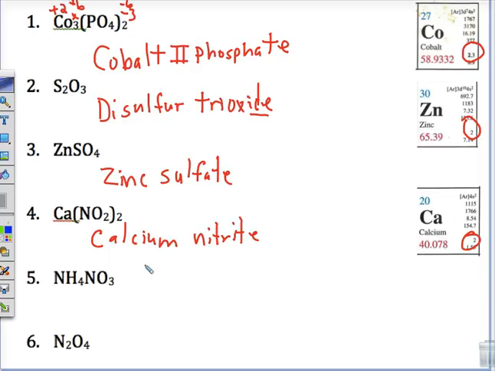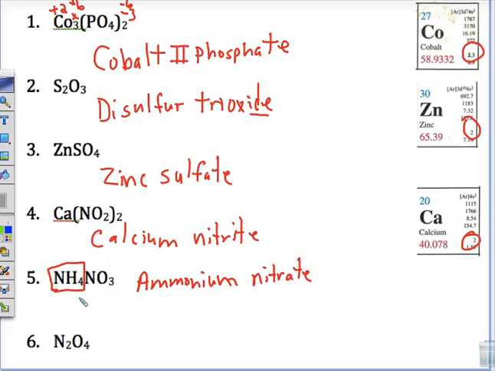Okay, number 5 is a tricky one, and the reason that it's tricky is because there are very few positive polyatomic ions, but this NH4 right here, that is a polyatomic ion, and since it's a polyatomic ion, we follow the ion rules. And so we would name it ammonium, just like it's spelled on the ion chart, and then we name the nitrate, which is another polyatomic ion.